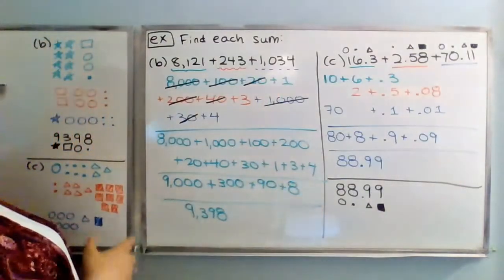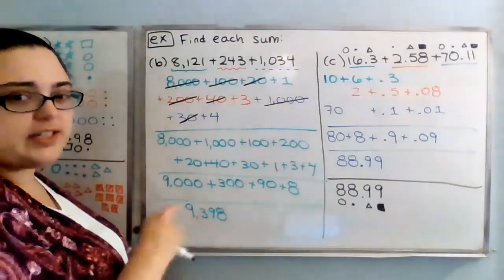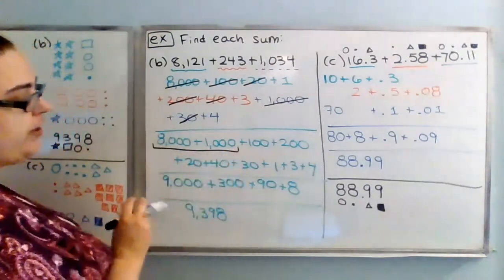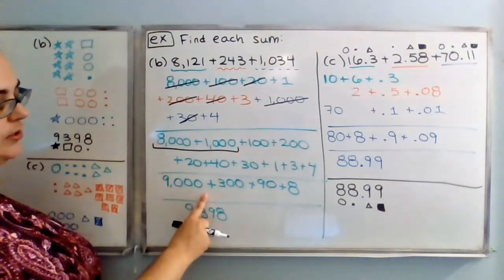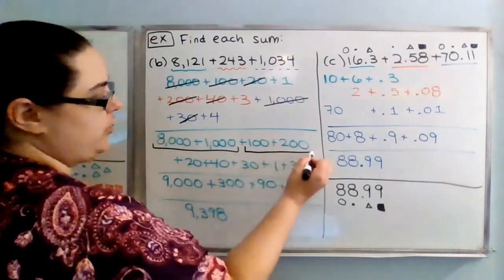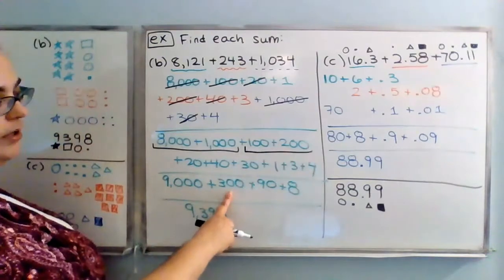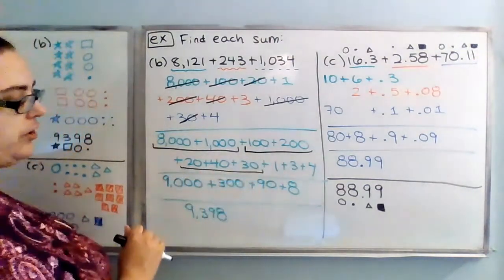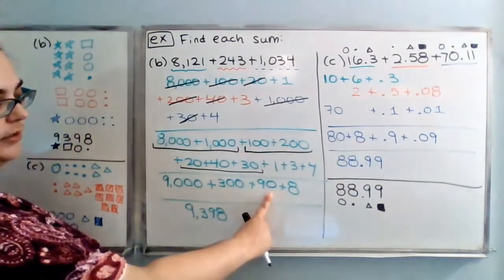So with all of that written out, it made it a little bit easier for me to see what numbers belong together. So then I could do 8,000 plus 1,000 to get 9,000. 100 plus 200 to get 300. 20, 40, and 30 added together gave me 90.